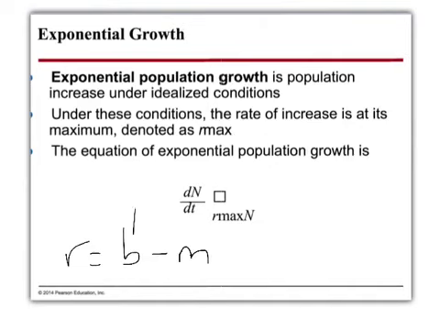Birth rate is as high as it can go, and M is as low as it can go, right? So what you're looking at is reducing the mortality as much as possible and increasing births as much as possible. And that would give you your max rate of increase, and that is equal to an exponential population growth.